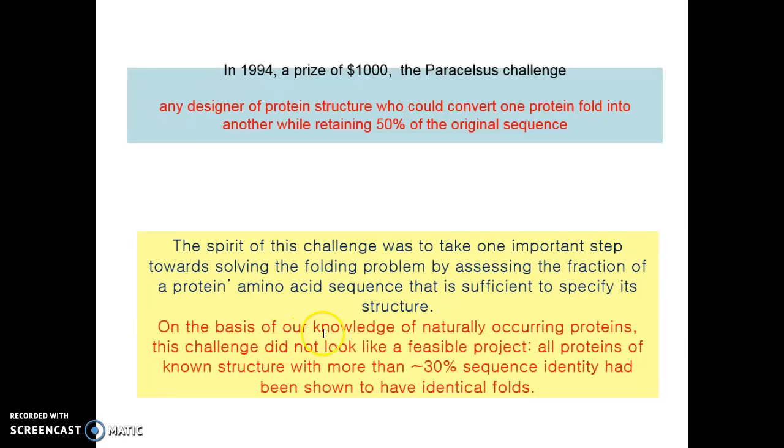On the basis of our knowledge of naturally occurring proteins, this challenge did not look like a feasible project. You may know that all proteins of known structure with more than 30% sequence identity, homologous proteins, had been shown to have identical folds.